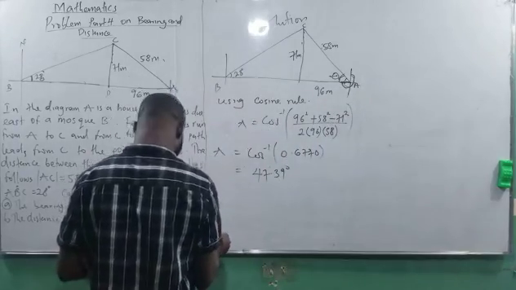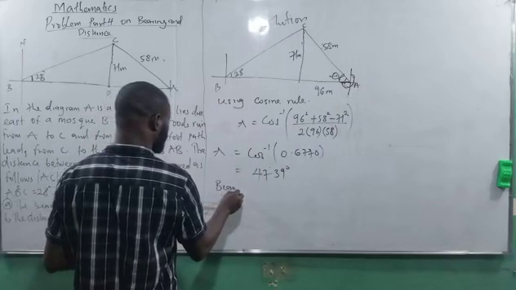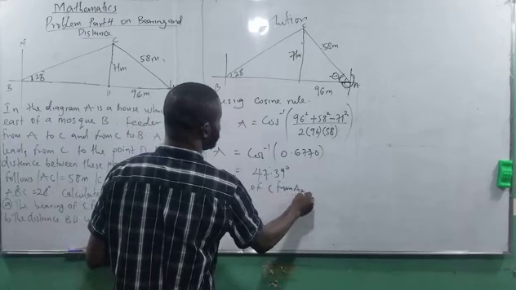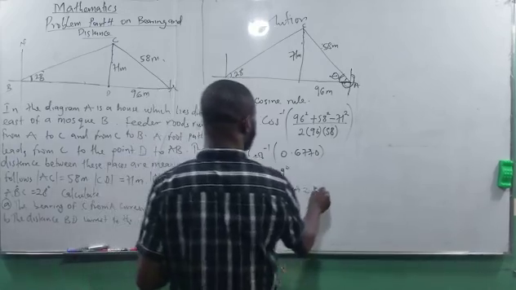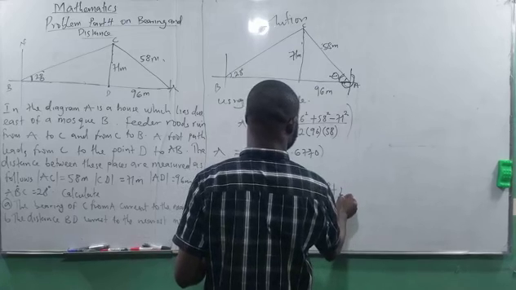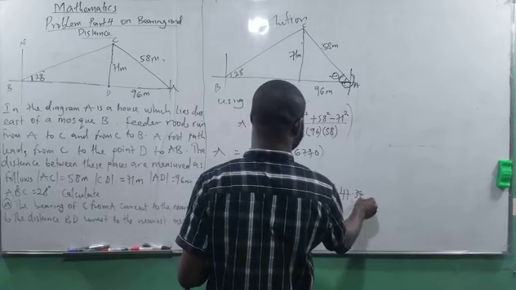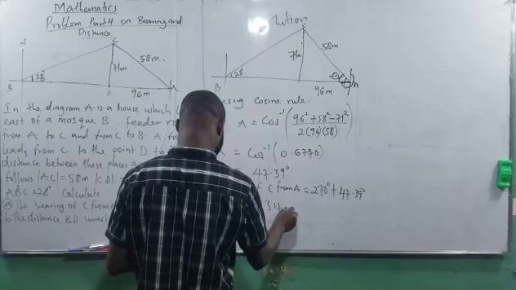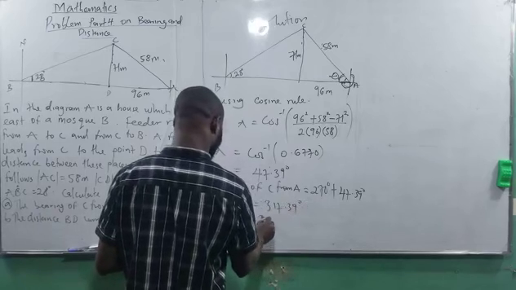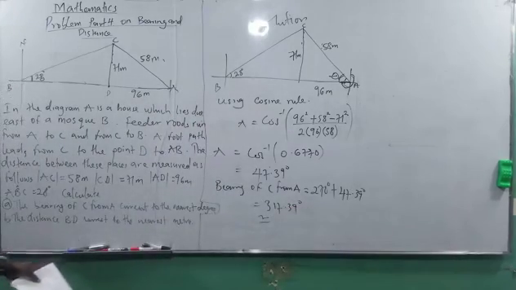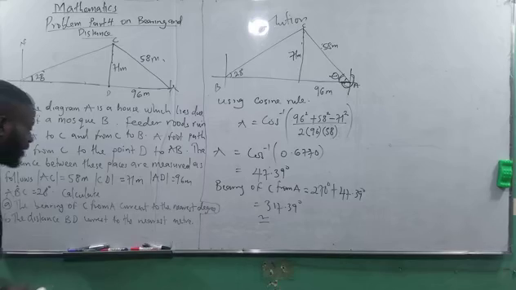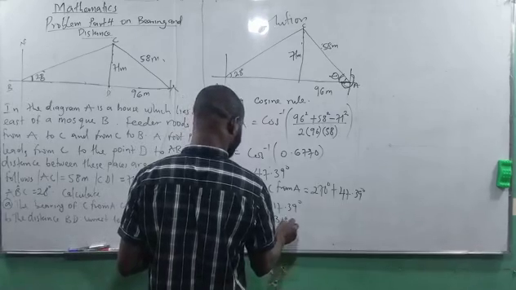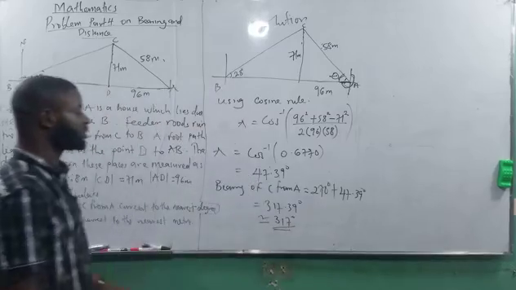It means the bearing of C from A will be equal to 270 degrees plus 47.39 degrees, which will be 317.39. To the nearest degree, that is approximately 317 degrees. That is an approximation because I don't need the decimal.